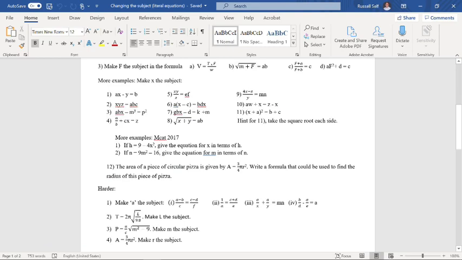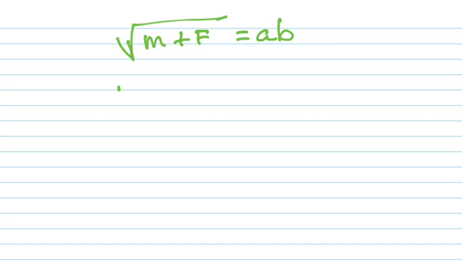We're still trying to get F by itself. So we have the square root of M plus F equals AB. We're trying to solve for F. Now, this time we have a symbol in there that we haven't had in our coursework, but it's a grouping symbol.